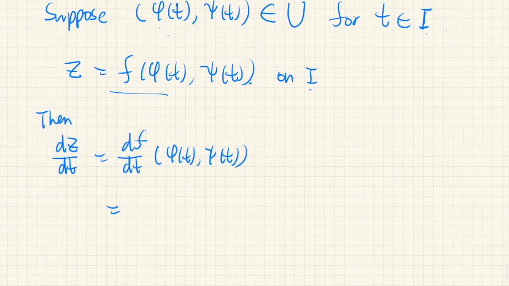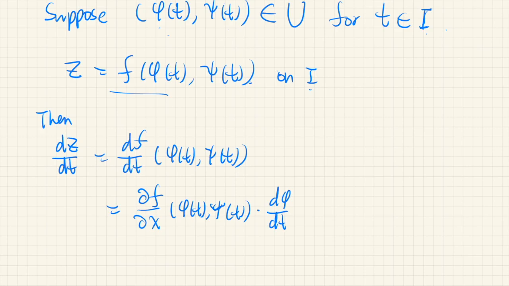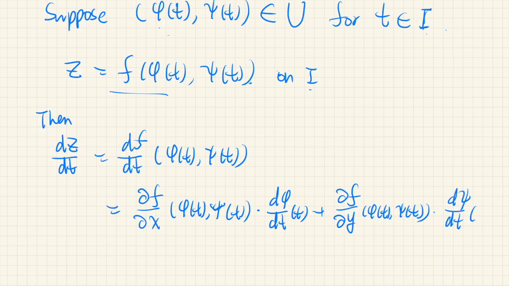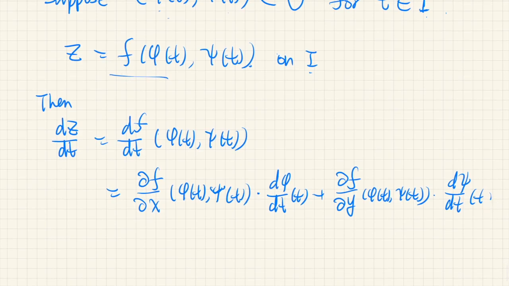The partial derivative with respect to x at phi of t, psi of t, times d phi dt, plus the partial derivative with respect to y times d psi dt of t. So this is the chain rule.